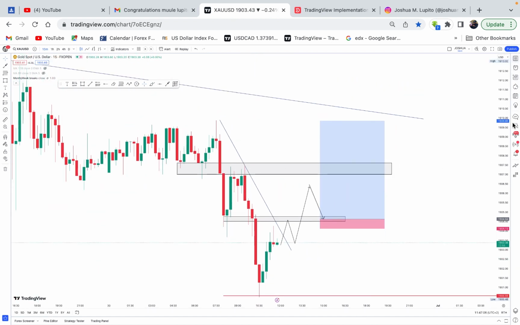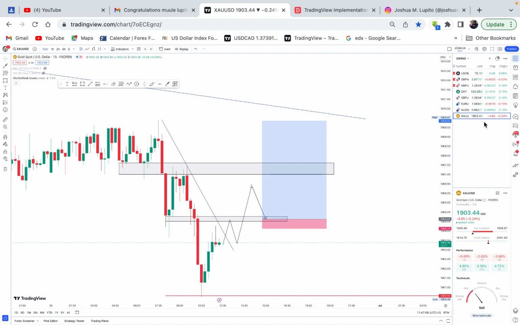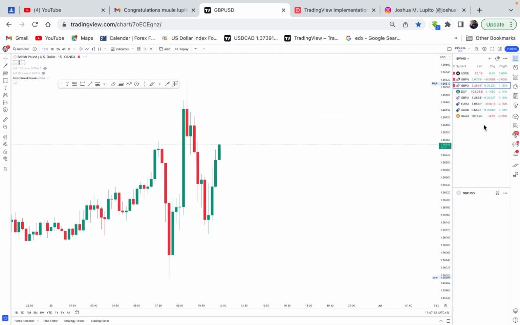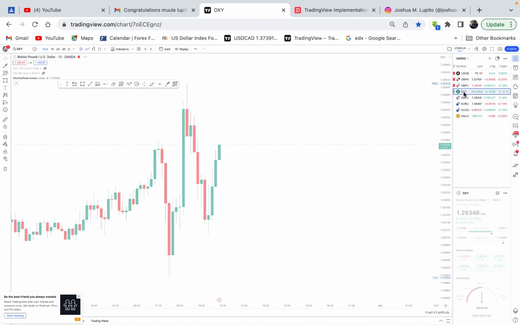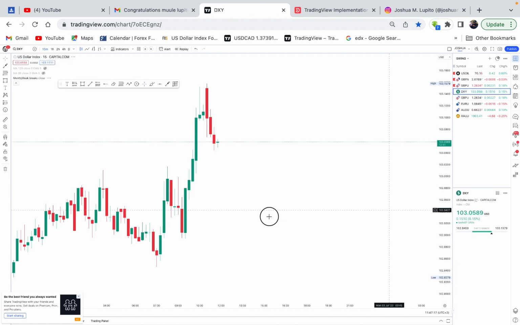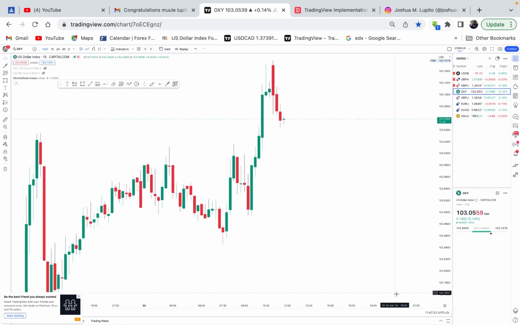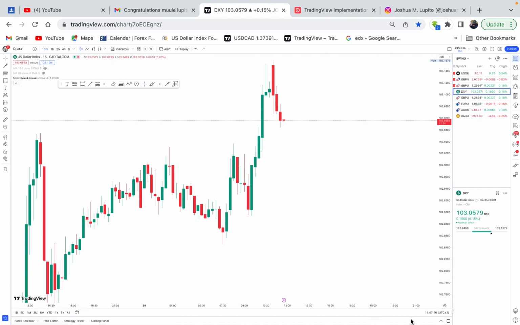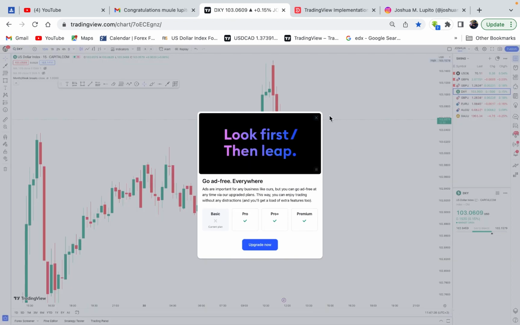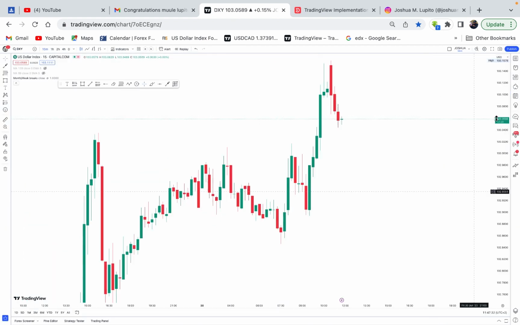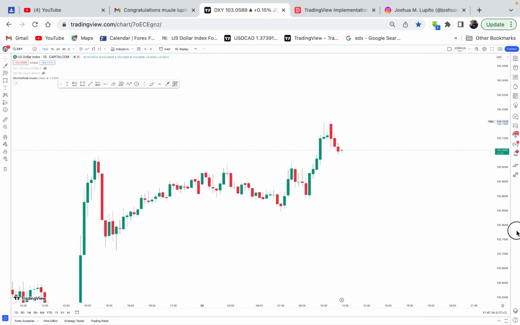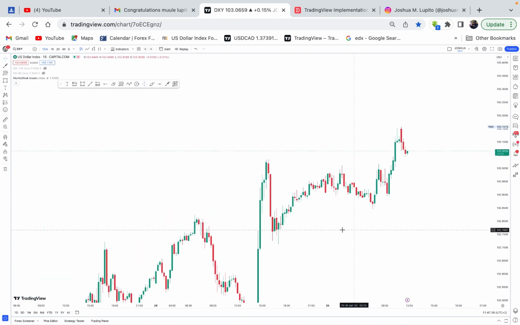Let's jump to GBP. So before we jump to GBPUSD, let us look at the strength of the DXY, the dollar index. For all that trade currency pairs, in order for you to trade the USD pairs, you need to have the basic knowledge of the DXY, which is known as the dollar index.